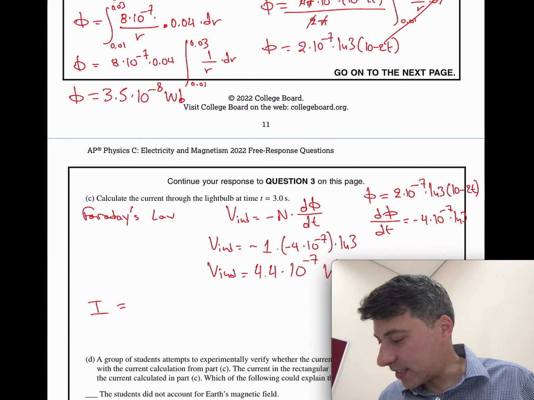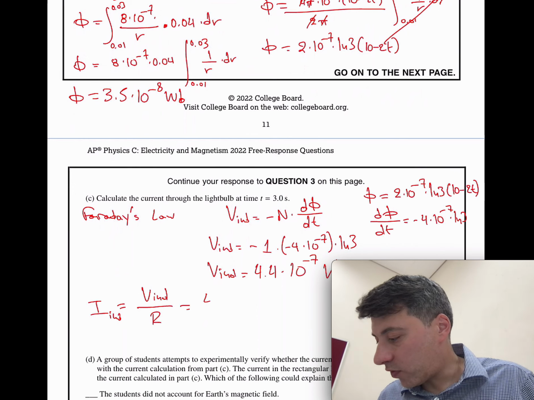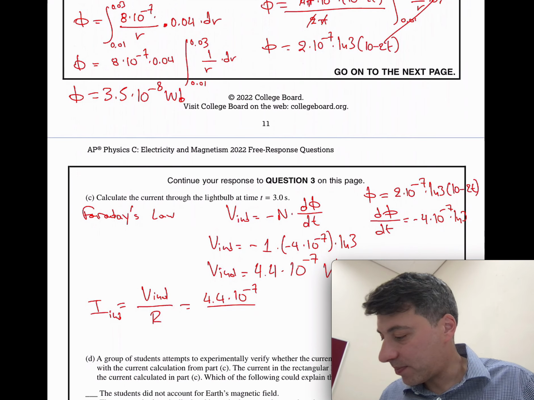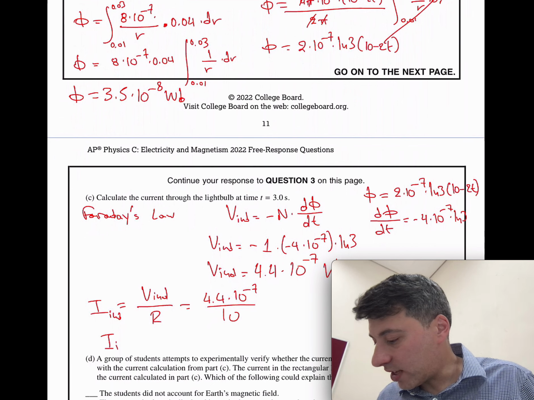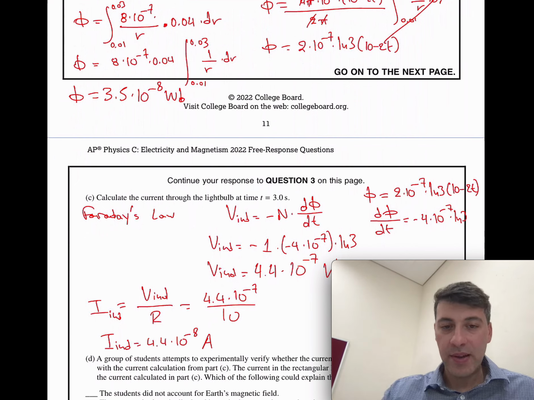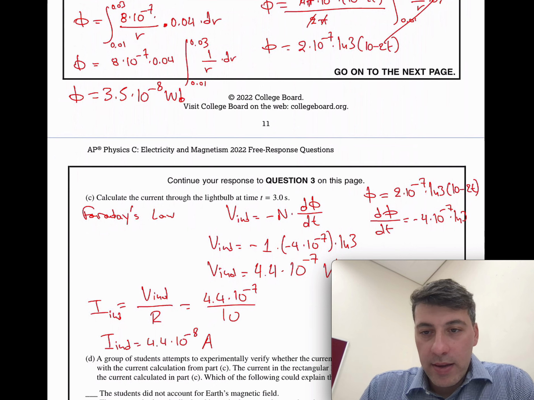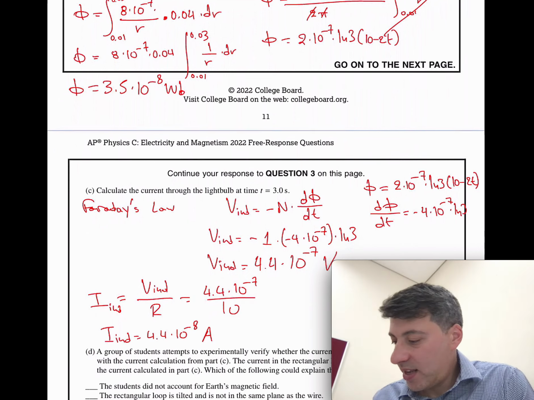The induced current is V over R, so 4.4 times 10 to the power of negative 7 divided by the resistance, which I believe is given somewhere, over 10. So the induced current is 4.4 times 10 to the power of negative 8 ampere. And we can move on to part D.